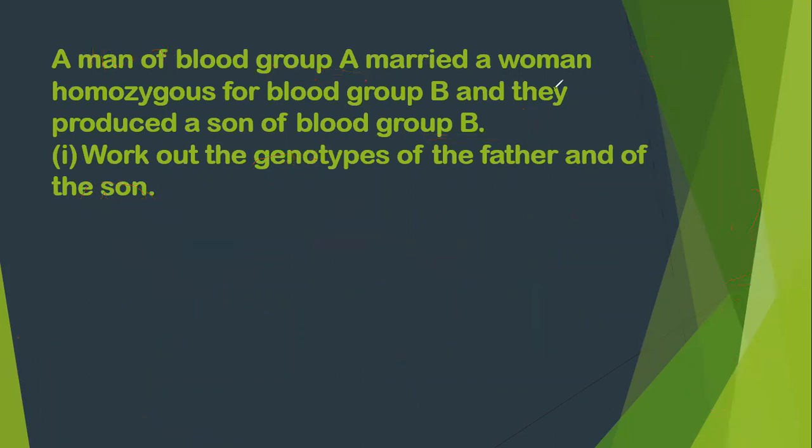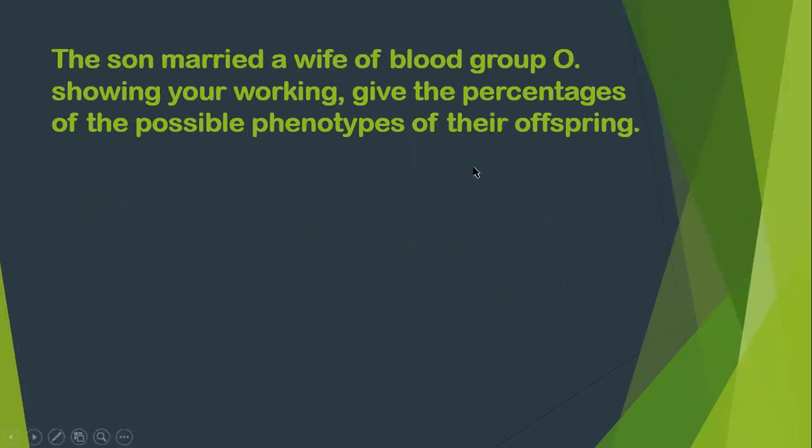In the preceding question, they have told us that this son of blood group B marries... Let me decide who I should use. Maybe this is Navasa Collins and Pony Mary. So here the son is Navasa Collins.